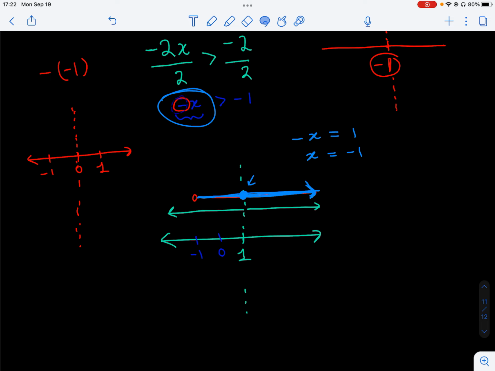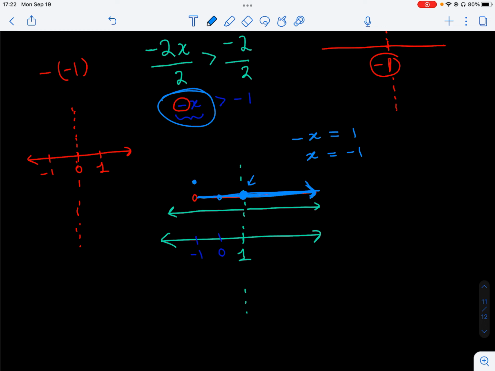The opposite of some number is going to be greater than negative 1. 1 is such a number. So, what number, if I take the opposite of it, gives me 1, which is a number that works? Well, divide by negative 1 on both sides, you get x equals negative 1. So x equals negative 1 is a solution here.